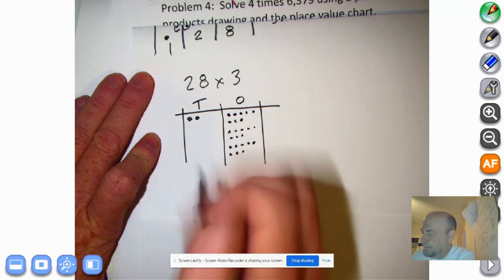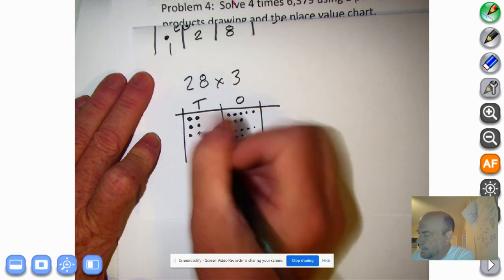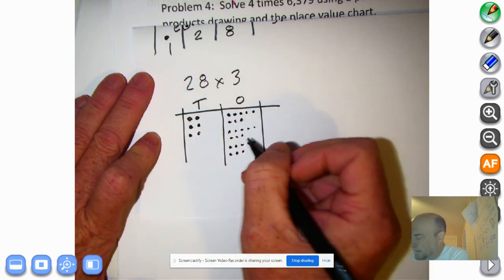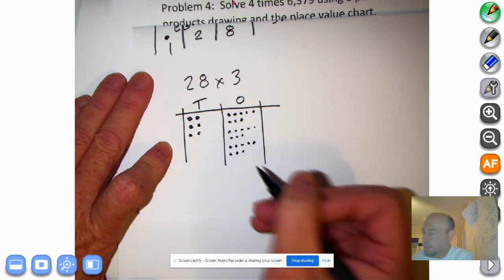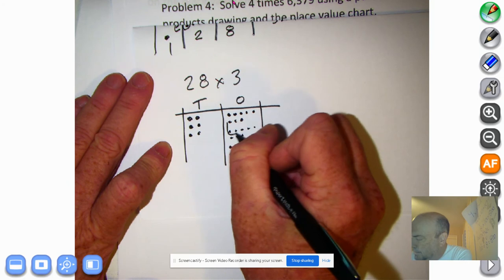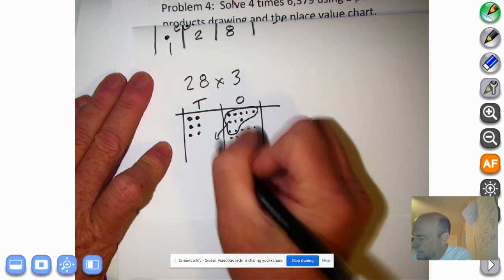Now let's do the 10s. I'm doing 20 times 3. 10, 20, 30, 40, 50, 60, okay? But look at this mess over here. I got to regroup these 10s so we have something in the 1s column. So there's 8. So I'll just take 2 from this row. Bring that over.